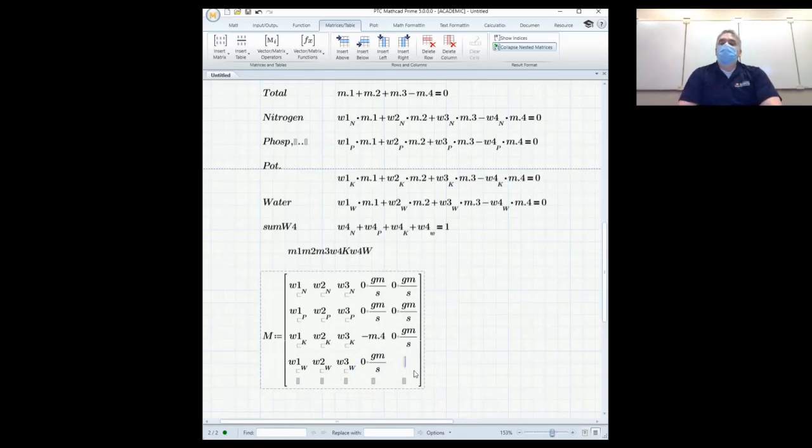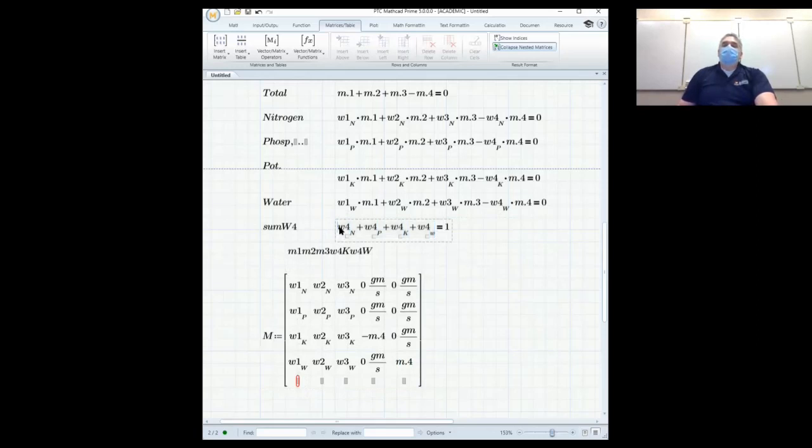And then this one here is minus M dot 4, right? Multiplying the W4W.